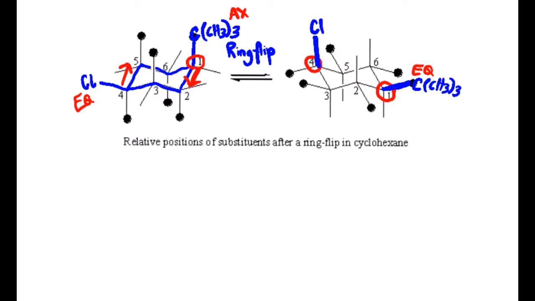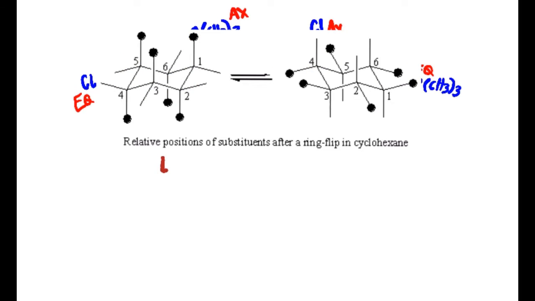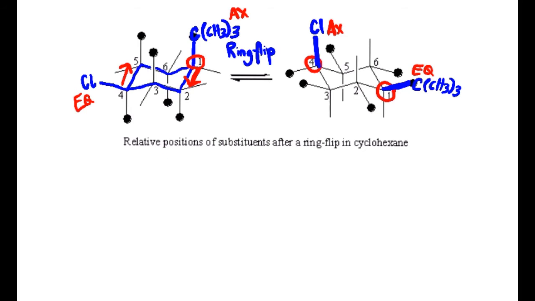As we look at these two structures, what we're going to find is that the two structures are not going to be equivalent in energy. One of them is going to be lower in energy than the other. And what's going to give the lowest energy here is that the lowest energy is always going to correspond to a situation where we have the bulkiest groups in the equatorial position.